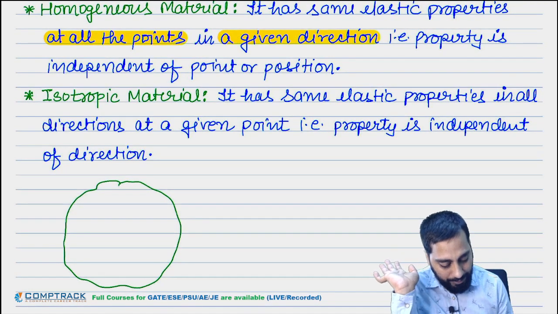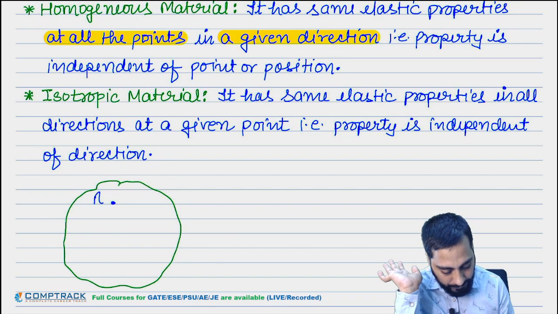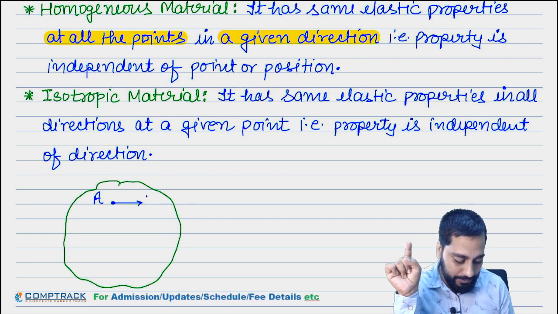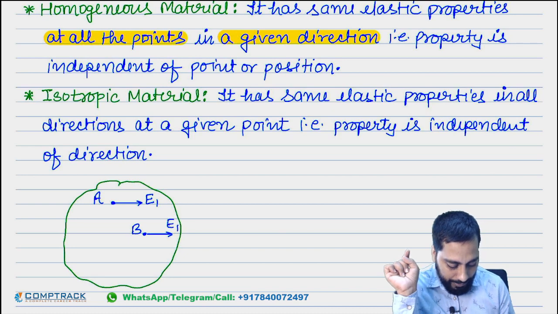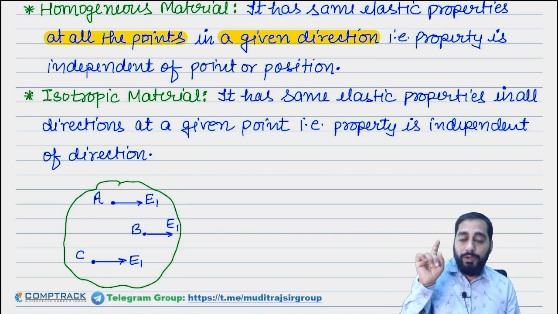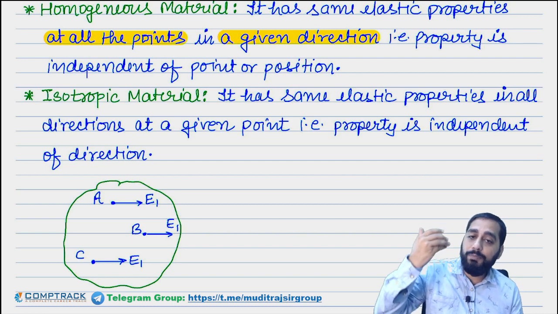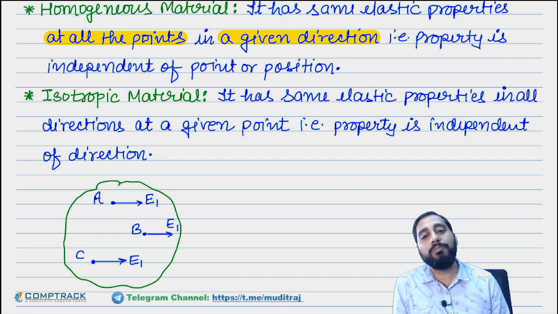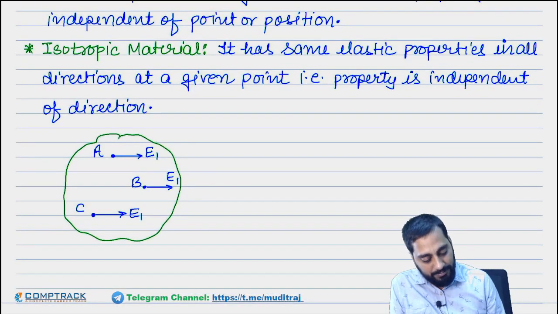If I see at point A in a particular direction, let's say in X direction, property will be, let's say, E1. At B point in same direction, here also it will be E1 value, and at C point it will have E1 value. So at all points in a given direction, property will be same. So what type of material will this be? Homogeneous. Yes or no? This material will be your homogeneous material.